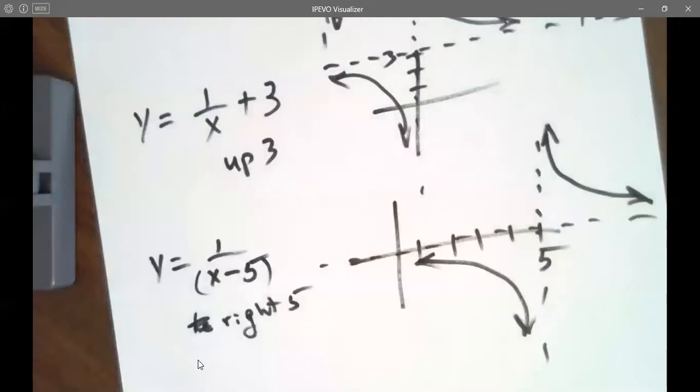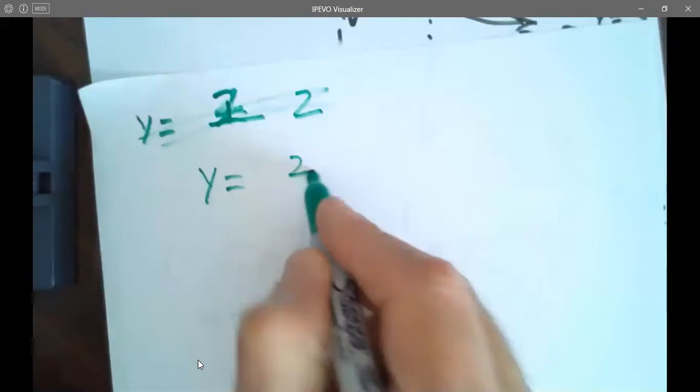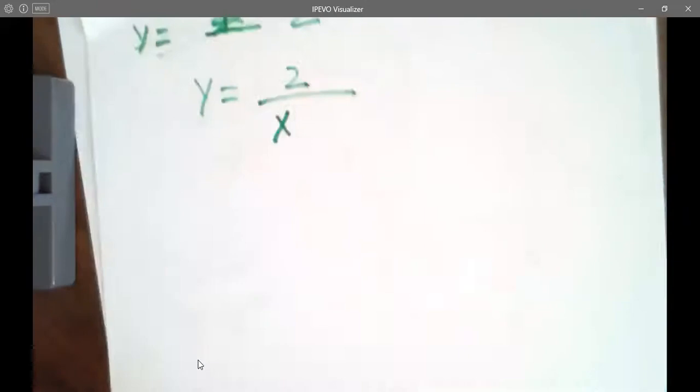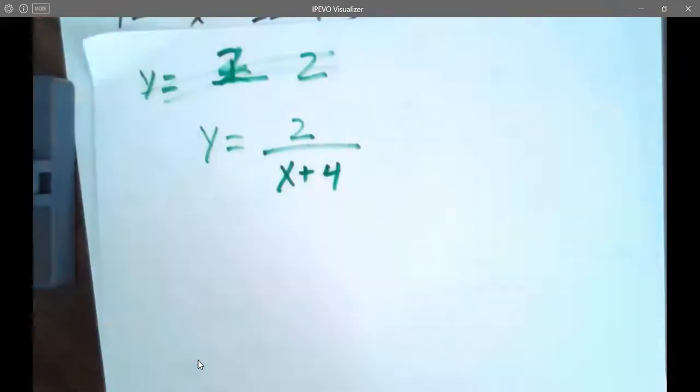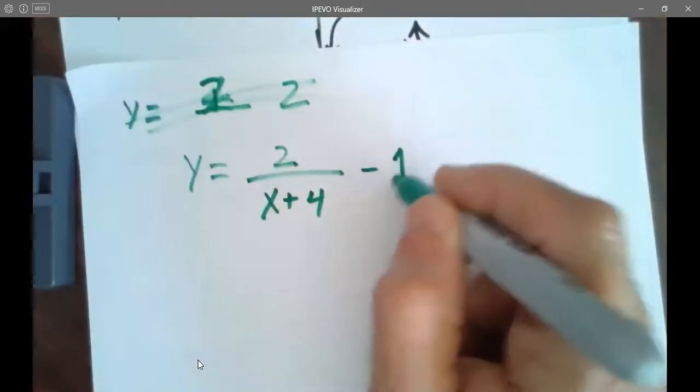Yes, sir. All right. So now if you get a combination of the two, let me start over. Y equals, let's say, 2 over x plus 4, and minus 1.